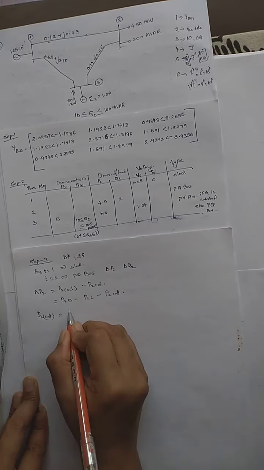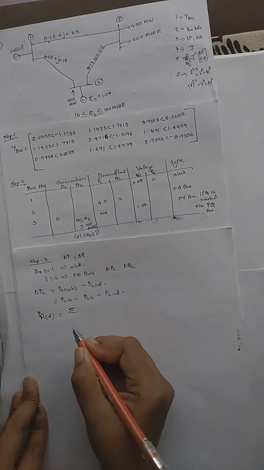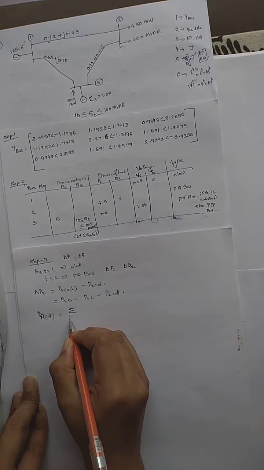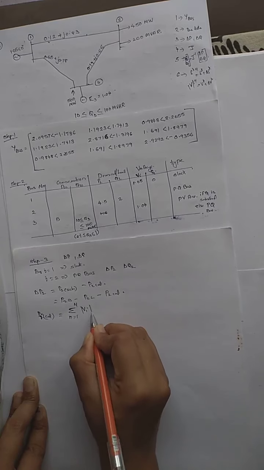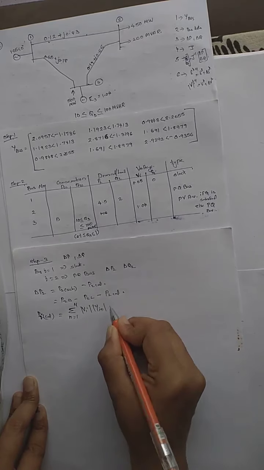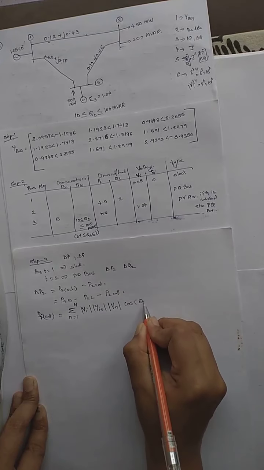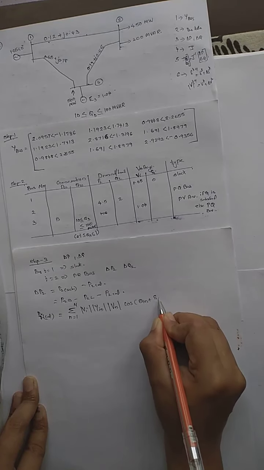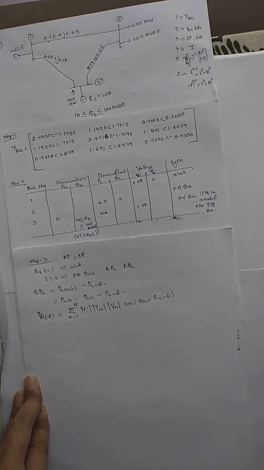P2 calculated will be equal to sigma. If it is Pi calculated, then sigma n equal to 1 to total number of buses, Vi yin Vn cos of theta in plus delta n minus delta i. This is our general equation for Pi calculated.